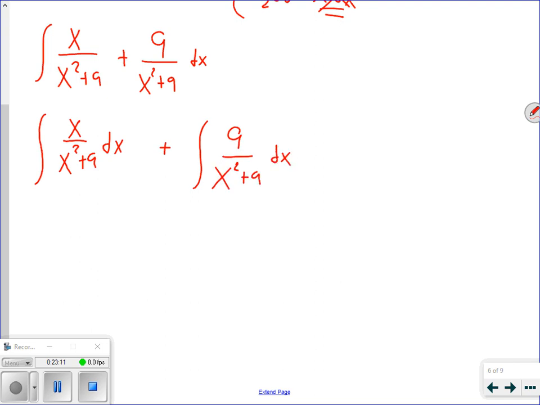Okay. For the first part here, you can do that u substitution. You can let u be x squared plus 9, and du is 2x dx.